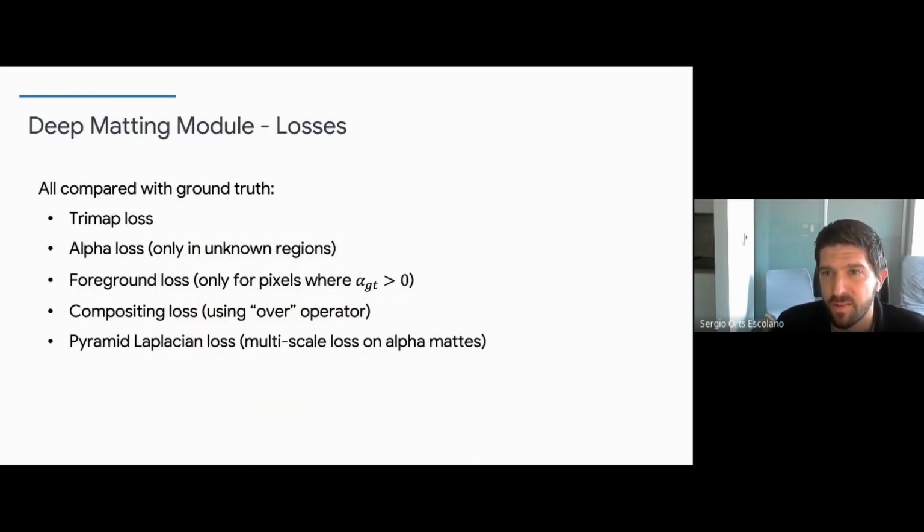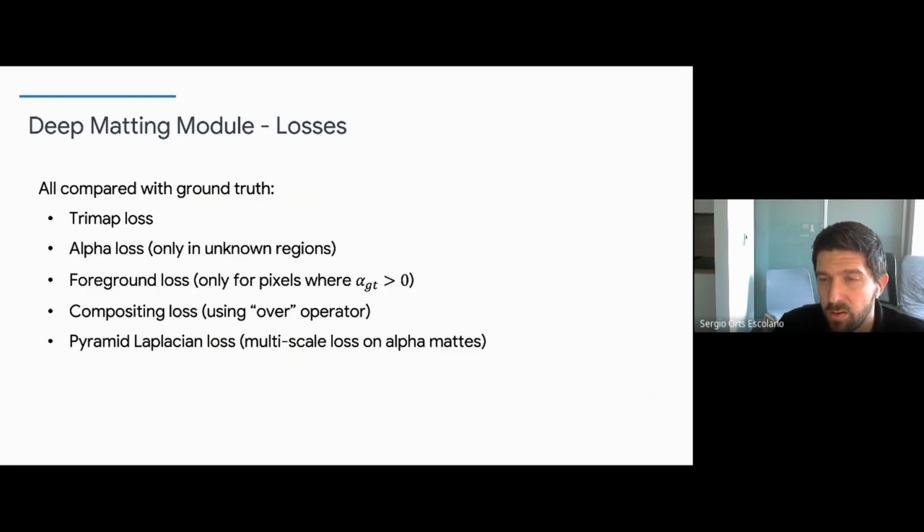Now, let's look at the losses we use to train the deep matting module in total relighting. First, we use a sparse cross-entropy loss between the refined trimap and the ground truth trimap. In this case, the ground truth trimap is generated by eroding and dilating the ground truth alpha matte with a small kernel for 1-2 iterations, which produces a tight trimap around the ground truth alpha matte.